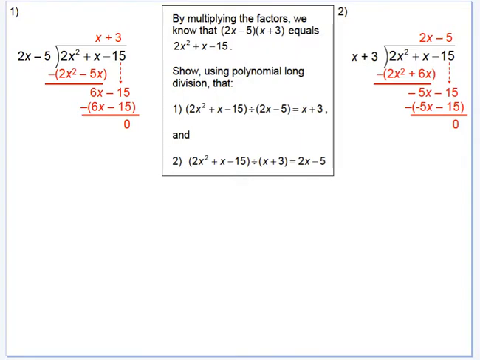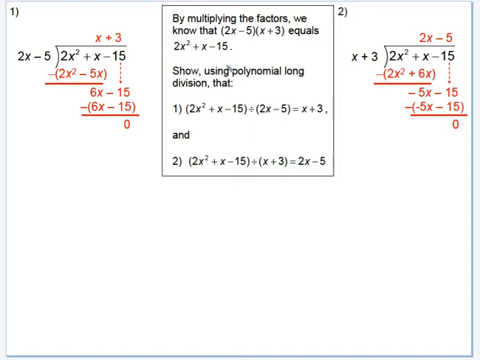Let's look at one more example, and I'm pretty sure this is in your notes. In this one, in the center, it says, by multiplying the factors, we know that 2x minus 5 times x plus 3 equals 2x squared plus x minus 15. Show using polynomial long division that 2x squared plus x minus 15 divided by 2x minus 5 equals x plus 3, and that 2x squared plus x minus 15 divided by x plus 3 equals 2x minus 5.